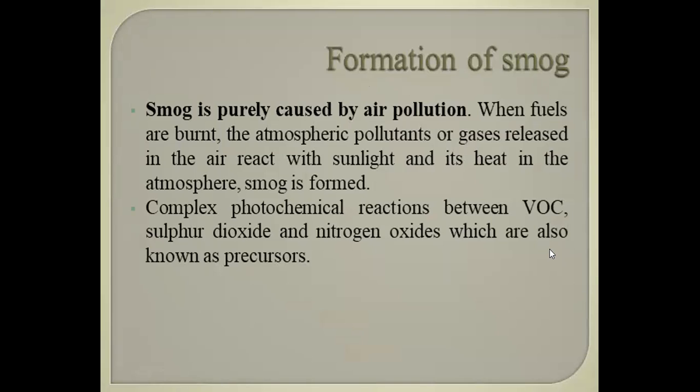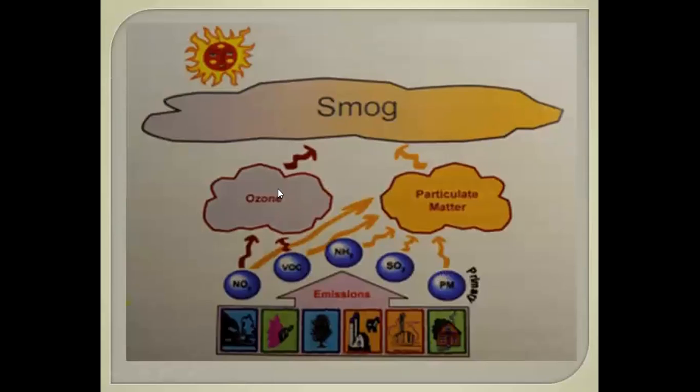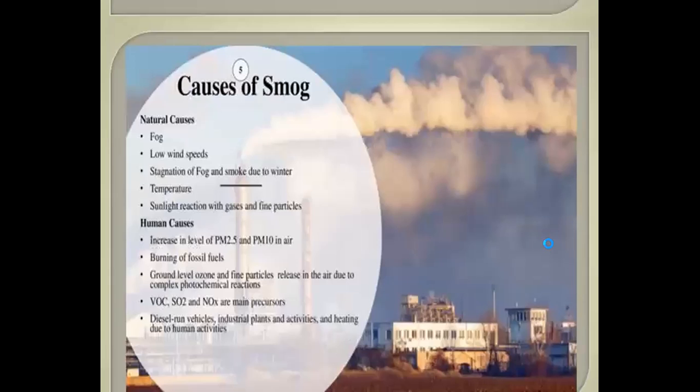Complex photochemical reactions between volatile organic compounds, sulfur dioxide and nitrogen dioxide are also known as precursors for the formation of smog. The picture shows that various nitrogen oxides, volatile organic compounds, ammonia, and sulfur oxides are emitted from burning of fossil fuel and automobiles and then mixed with particulate matter. Sunlight acts on it, and then there is formation of photochemical smog and industrial smog.